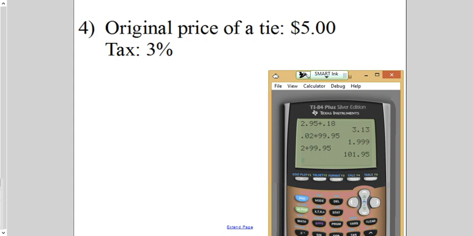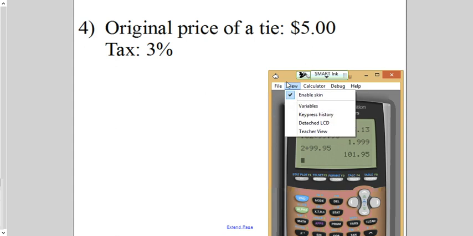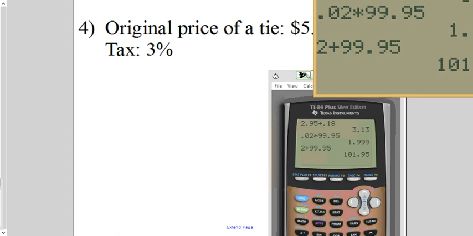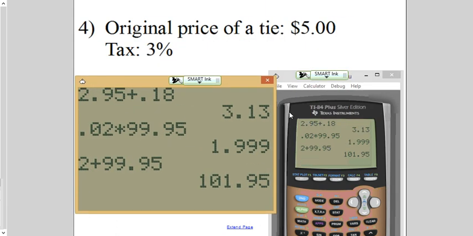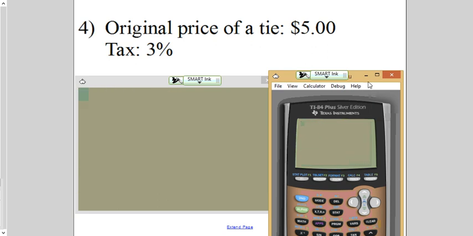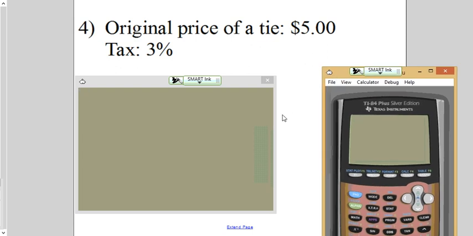I'm just going to use the calculator, and so as a result, I'm going to do a detached view here. All right, so how do we find the tax? 0.03, because again, this 3% is 0.03, and we're going to times it by the $5.